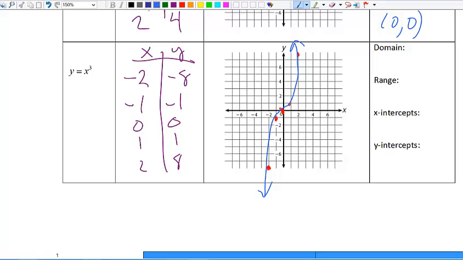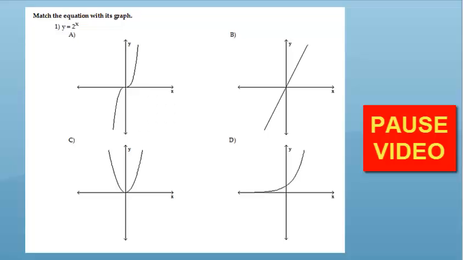As far as domain and range, there are no restrictions on either one, so we're back to -infinity to infinity for both. And they both cross at the origin, so the x-intercept and the y-intercept are at the origin.